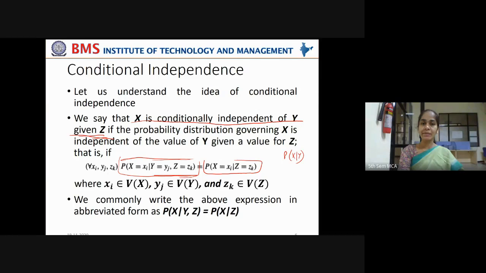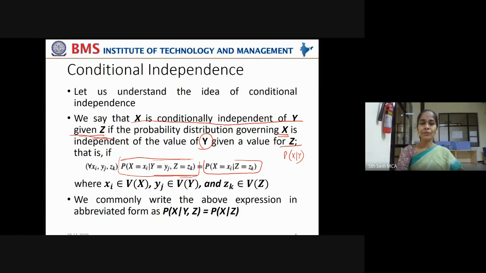Given Z, if the probability distribution governing X is independent of the value of Y given a value of Z, that is, let us see the mathematical notation. Once again, we'll go back.